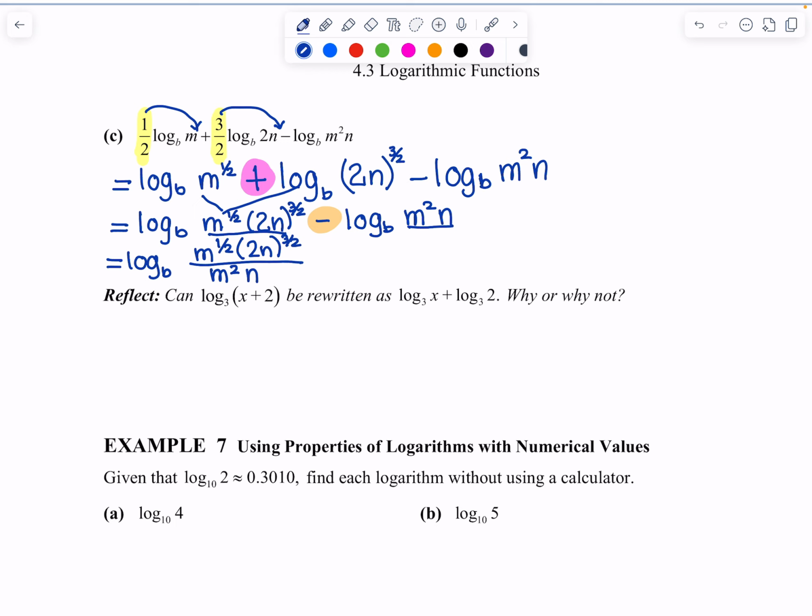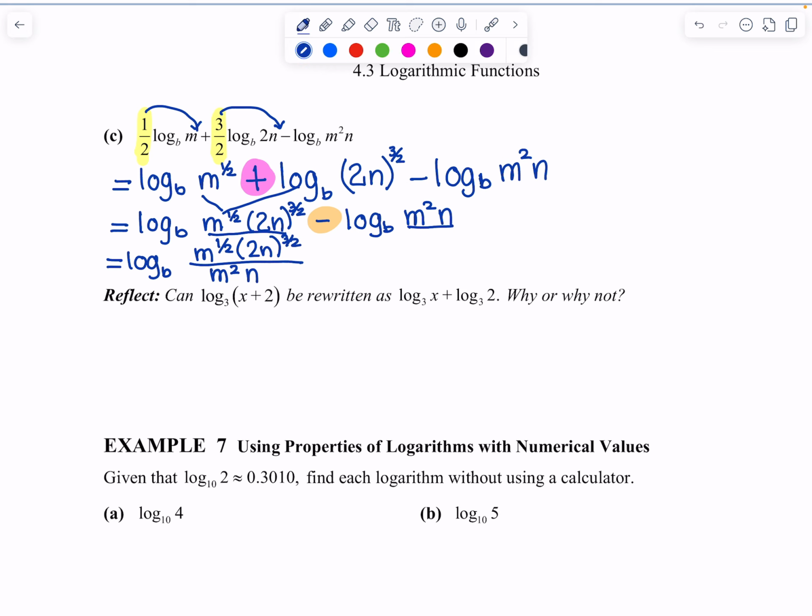Let's gather this, because now we've got these exponents, so we need to gather this up, see how we can do these things, and apply the laws of exponents. This now becomes, on the top, I'm going to separate everything. 2 and n means that this 3/2 applies to the 2 as well as the n.